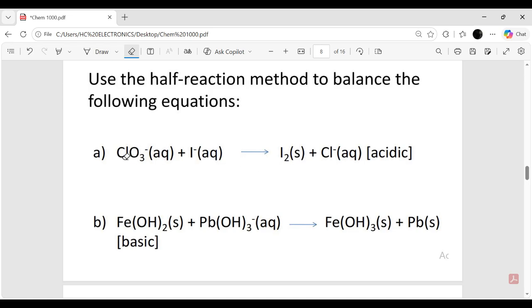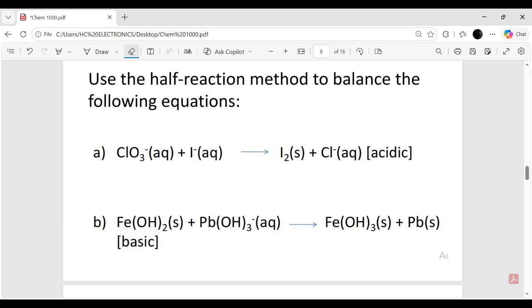For example, you balance these normal atoms like chlorine, iodine. For this question, we're going to first balance the iodine and the chlorine. After balancing them using numbers, for example, coefficients, then after doing that, we're going to balance the oxygen atoms and the hydrogen atoms.